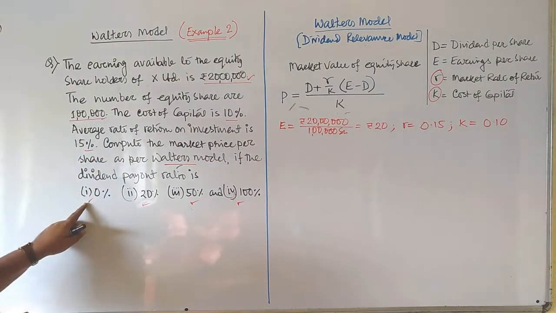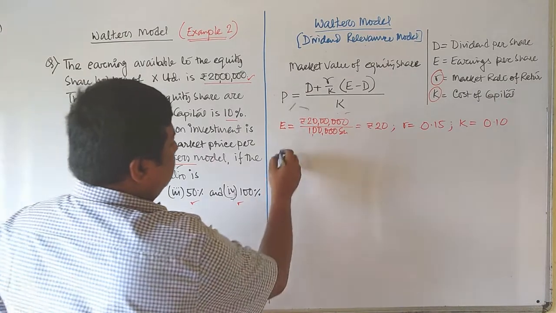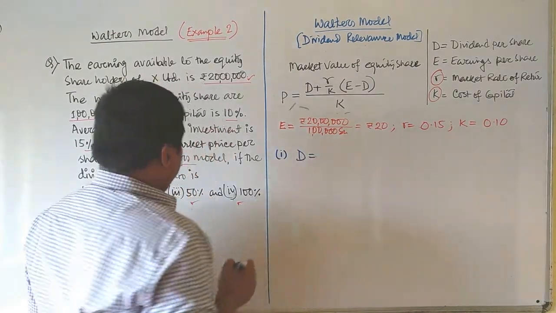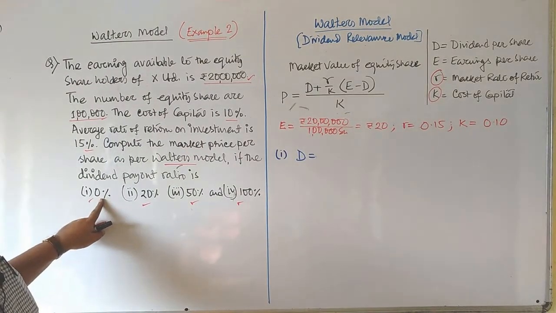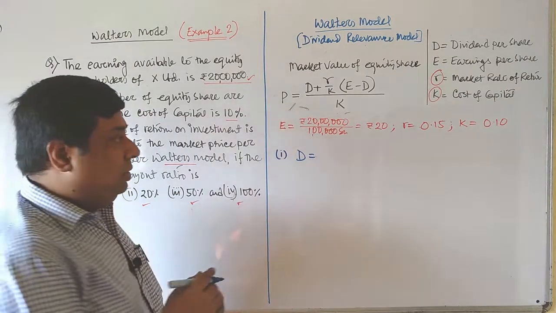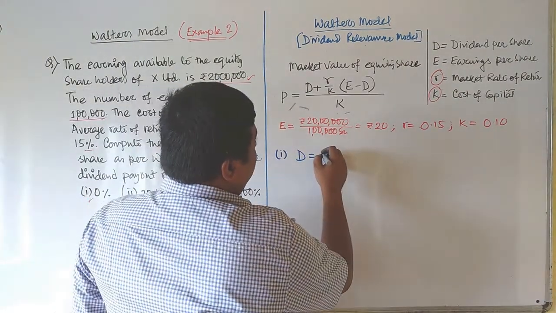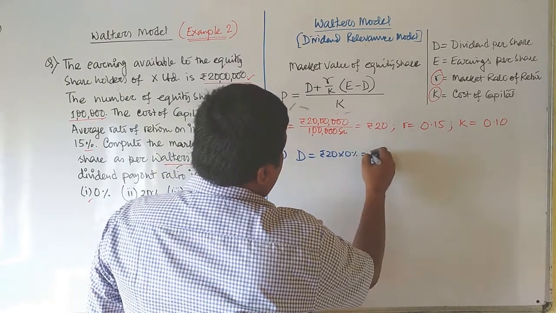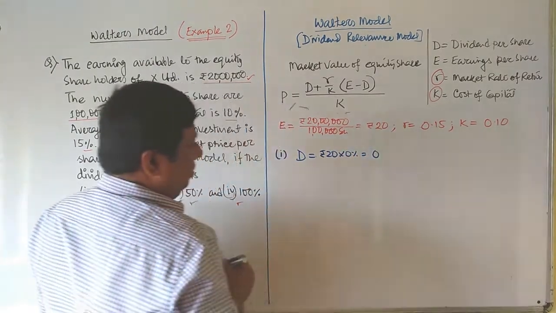First we consider option 1, 0%. D equals, since dividend payout ratio is 0%, the company won't pay any dividend, then E, that is rupees 20, into 0%. You can write it nil or 0.